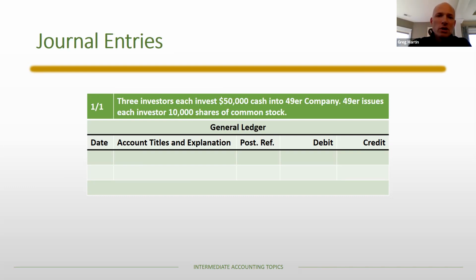You can see the first economic transaction that we're going to record a journal entry for is these three investors. Each invests $50,000 cash into 49er Company, and the company issues them common stock for the cash they contributed. So let's do that journal entry. In the notes, maybe you can tell me what account is debited and what account is credited.